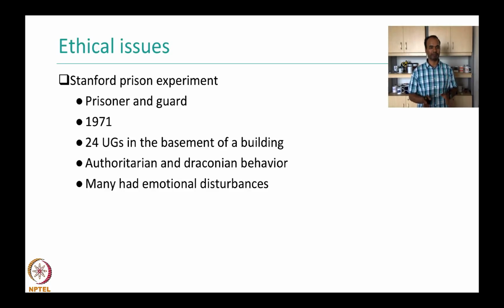In 1971 there was a study at Stanford with 24 undergraduates in the basement of a building, and half of them were made prisoners and half were made guards for some time, and they saw that the prisoners and the guards had certain types of behavior, and they changed after some time. They changed the roles, and they saw that the participants in the study had emotional disturbance, with guards beating the prisoners and showing arrogance to the participants.